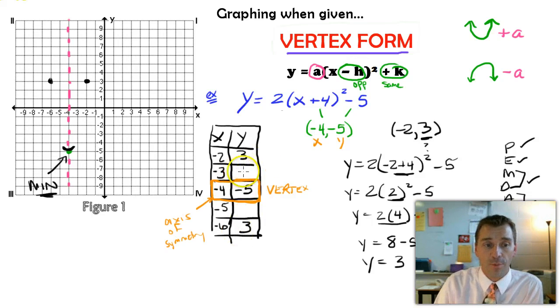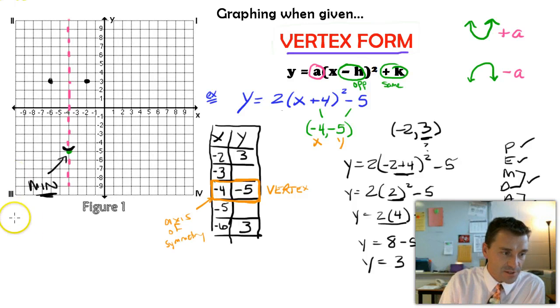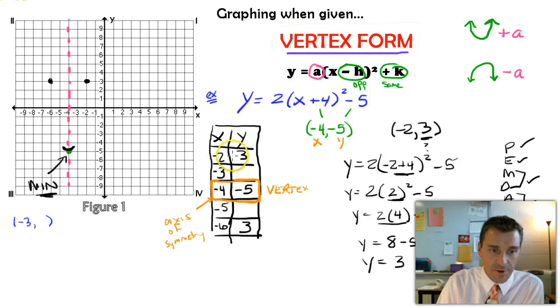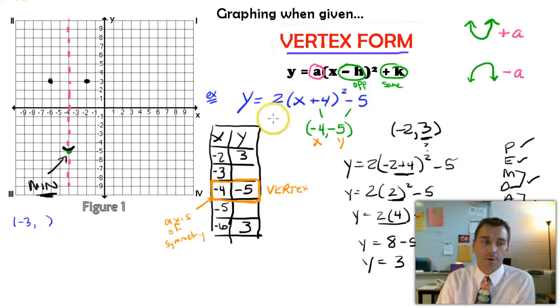Okay, we got one more point to find. Let's take this -3 now. I'll do it over here to the left. So let's take the -3 and see what my y value is. So I take the -3, plug it in here for x, and calculate. I'll speed it up so you can just watch it go real fast. Here we go.